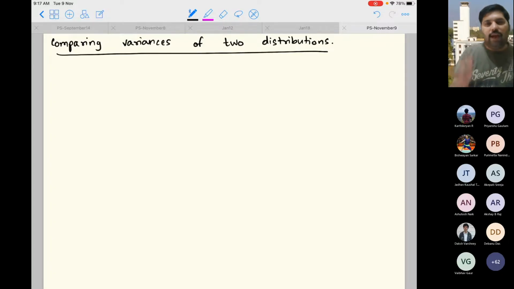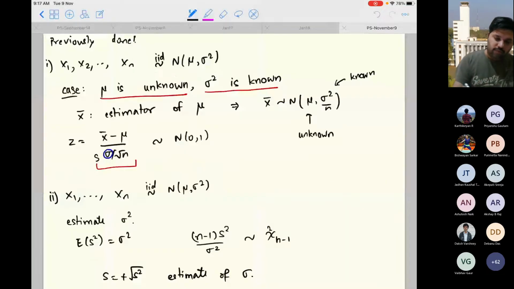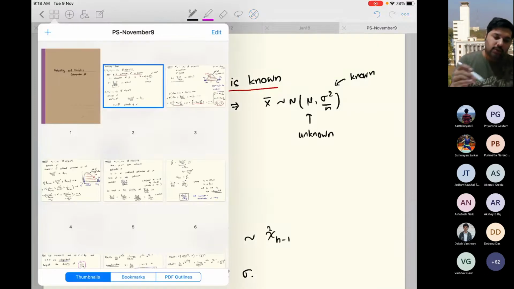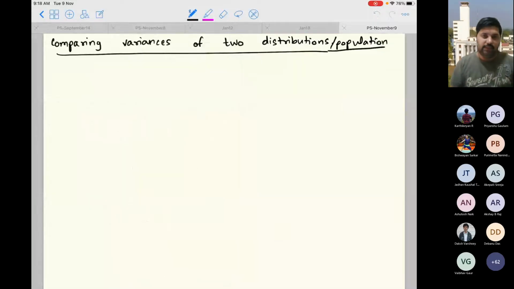So far we only had one density. We had only one population, so to speak. This is another terminology that people use. So in the previous discussion that we had so far, we had only a random sample from one density, normal mu sigma square, right? So now I'm going to draw a random sample from two densities, and then I want to compare the variances of these two densities.